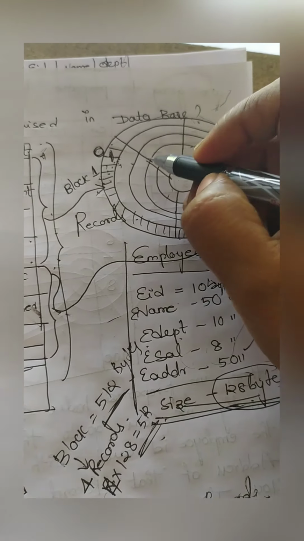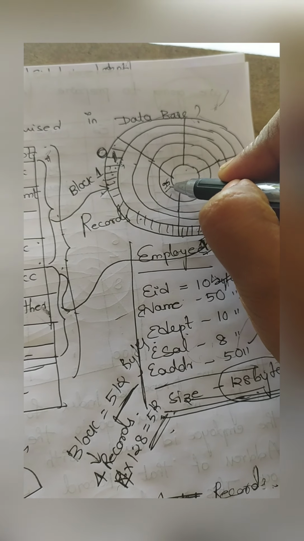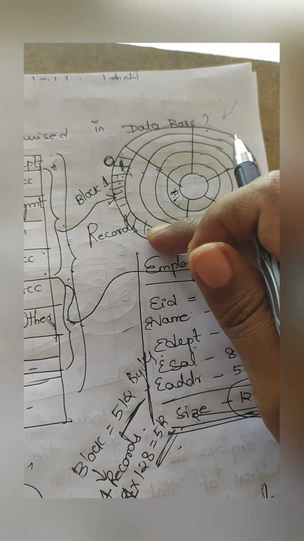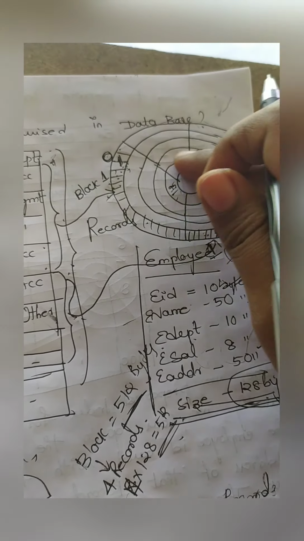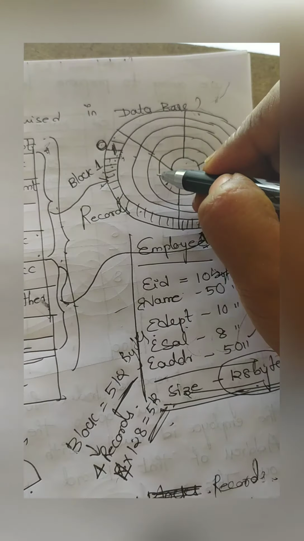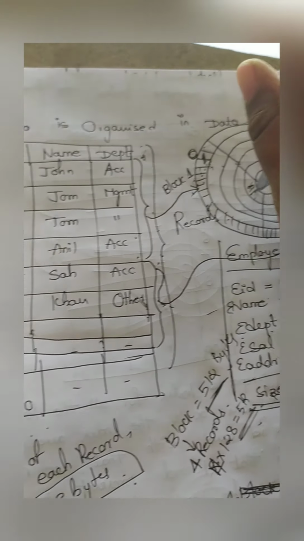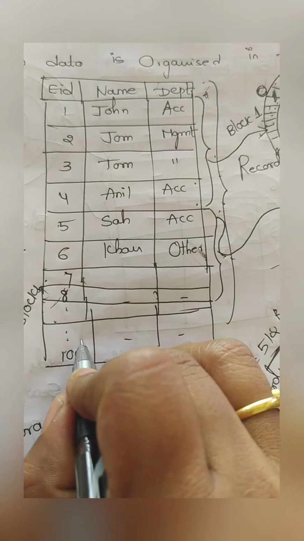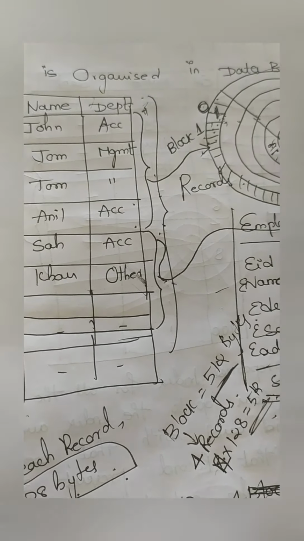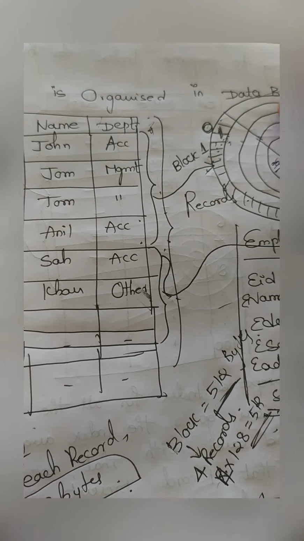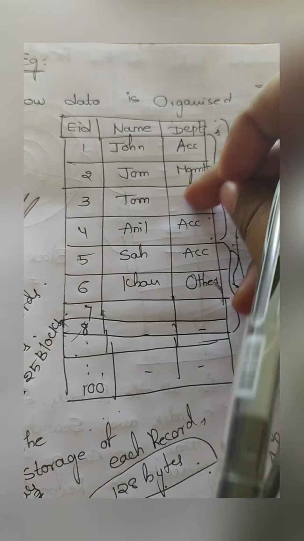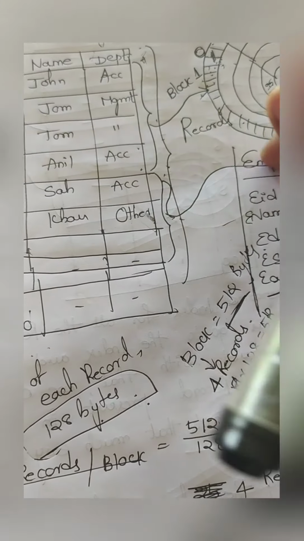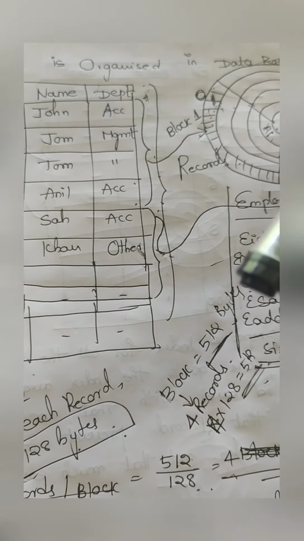So it will read the entire disk and then go to the 95th block, where we may access the 95th employee record and their details. This may take so much time, passing through all the records and data already stored in the disk.